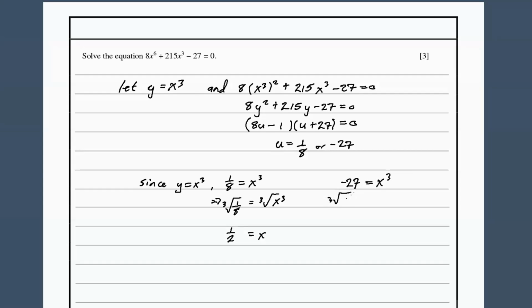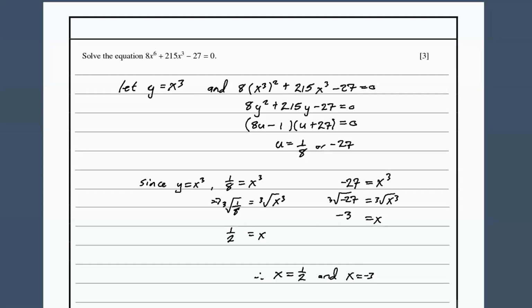If we cube root both sides, we will get minus 3 being the value of x. So the possible solutions are x is equal to a half and x is equal to minus 3. And that's how we do it for this particular question.